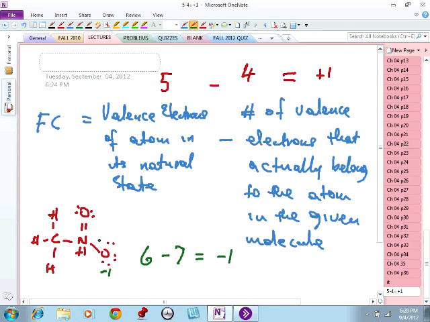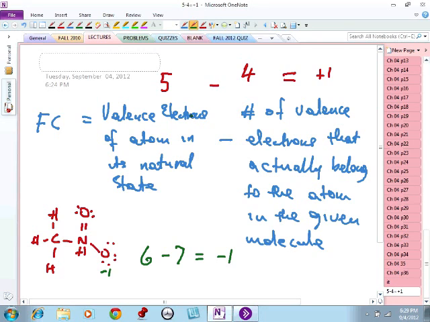At this point we know that this oxygen is negatively charged because of the number of non-bonding electrons surrounding the oxygen. But that's a very good question, because that leads us to another concept, which we are going to get to very shortly. Now, let us take a look at a few other examples of formal charges.